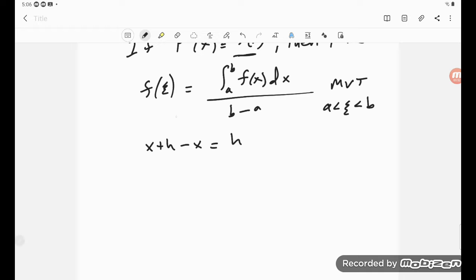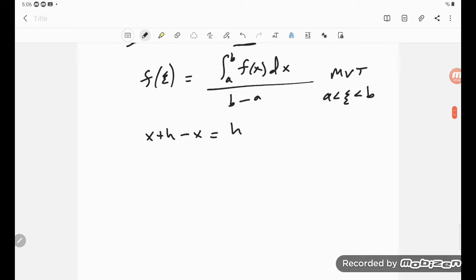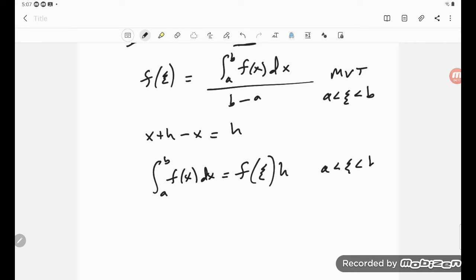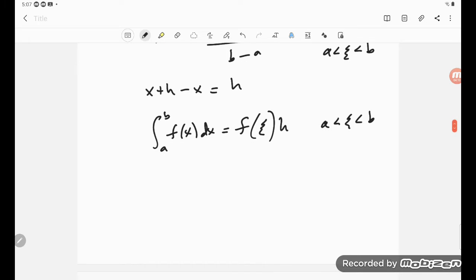Okay, and we can move this so we can say the b minus a over to the left-hand side, but I'm going to switch sides here. So the integral from a to b of f of x dx can be written as some f of c times h for a less than c less than b. So that's where they start with their mean value theorem.